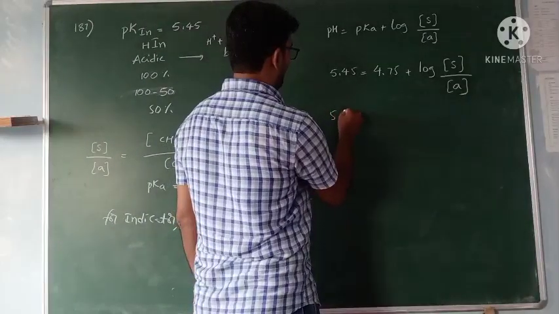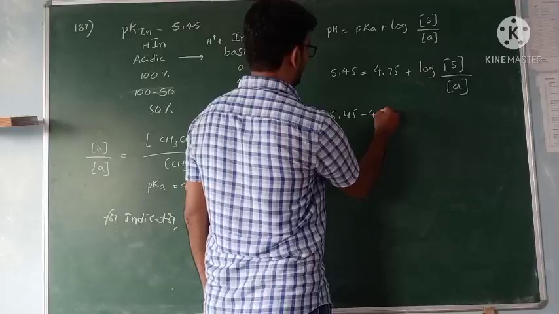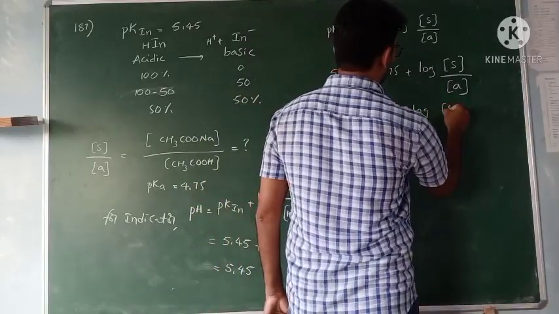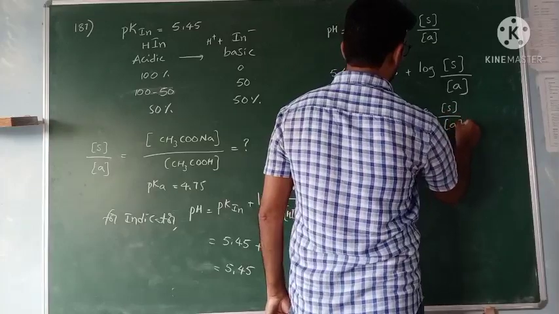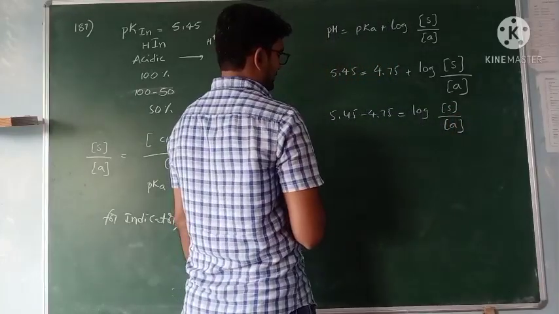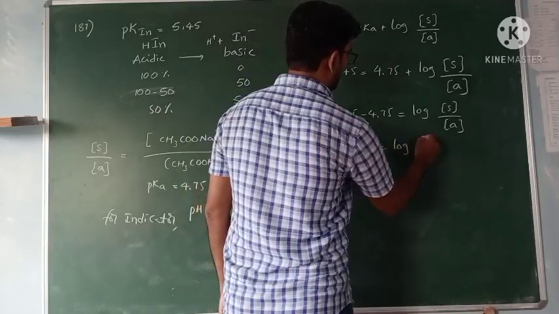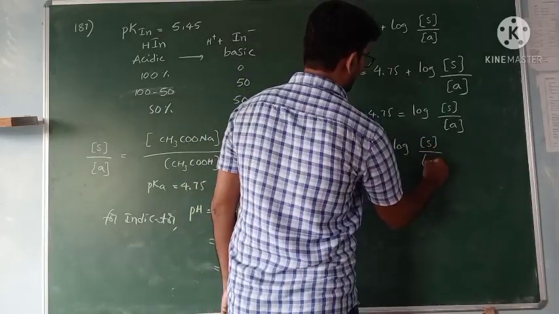I'll write 5.45 minus 4.75 is equal to log concentration of salt by concentration of acid. This value is 0.7.